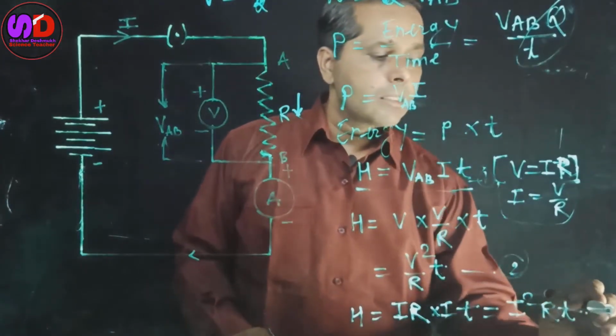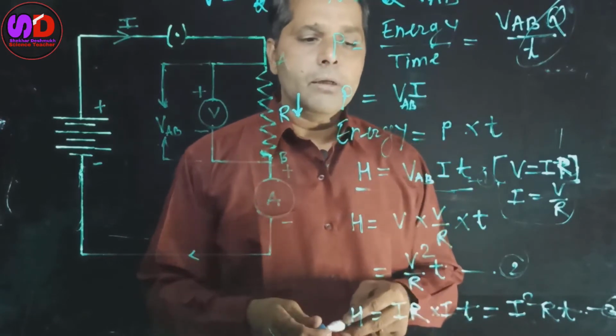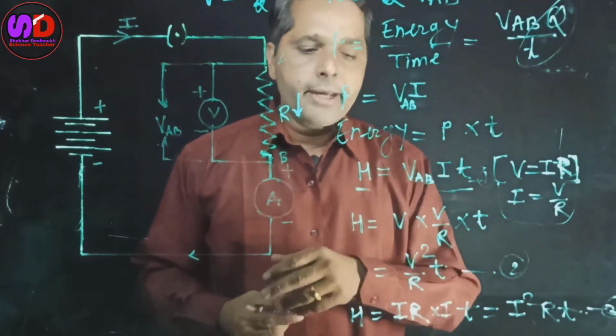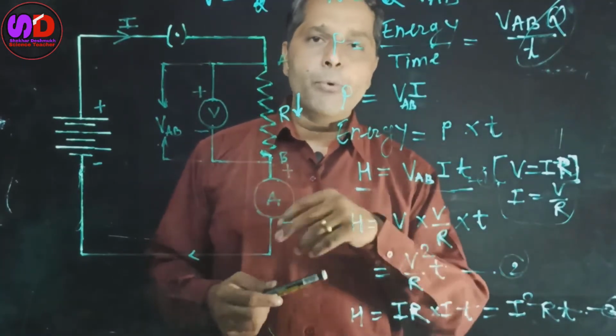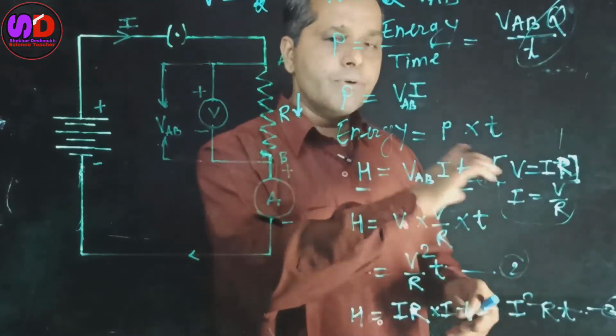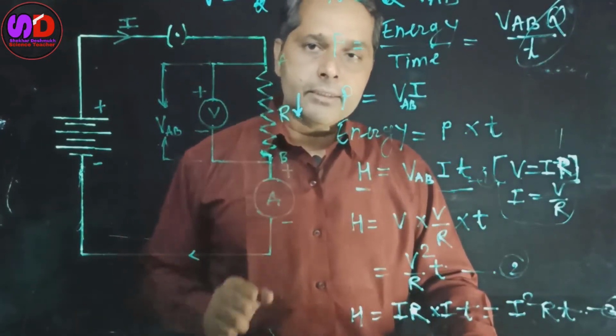So this is the third equation. By using any of the equations, H is equal to VIT, or H is equal to V square T upon R, or H is equal to I square RT, we can calculate the heat generated in the resistance.